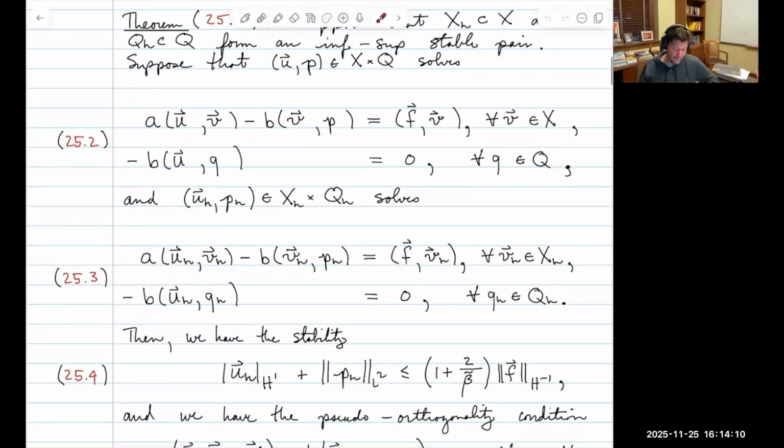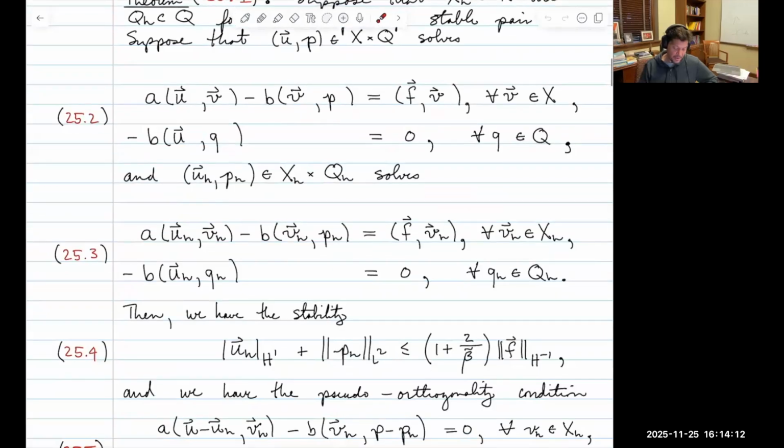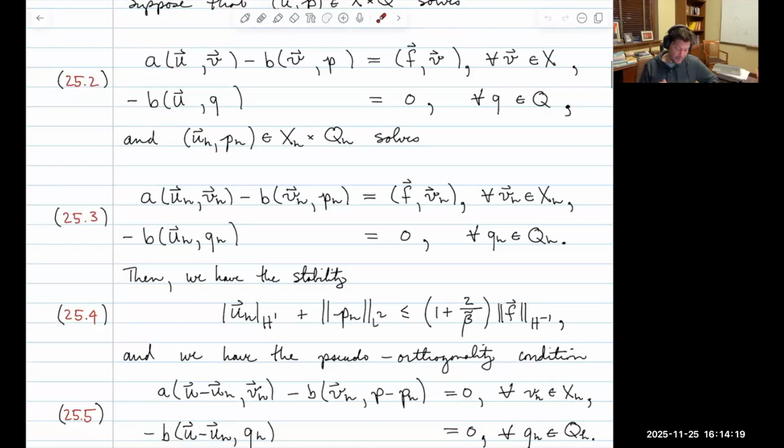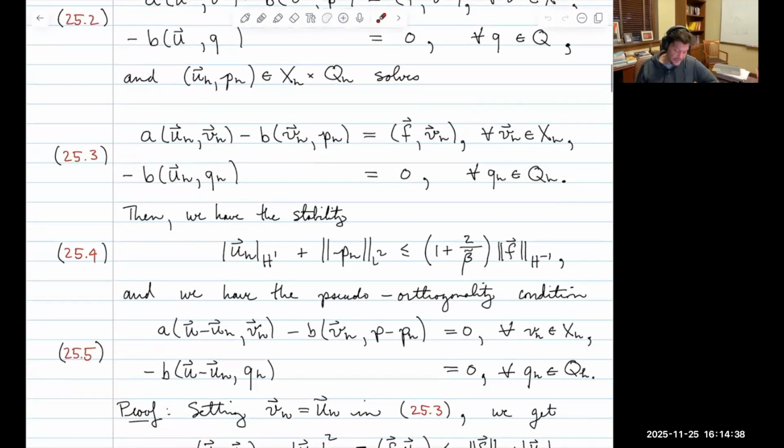And we're going to assume that the Galerkin approximation satisfies the usual formulation. To get a useful Galerkin approximation, we take finite dimensional subspaces that approximate X and Q, look for our solutions there, and also use test functions from the same spaces. The first thing that we want to prove is a stability like this.